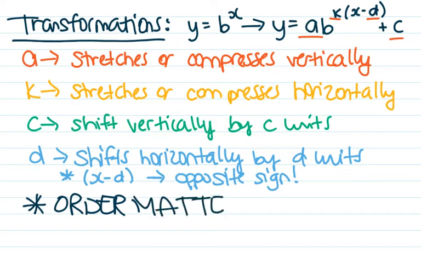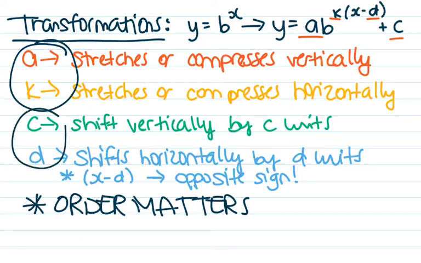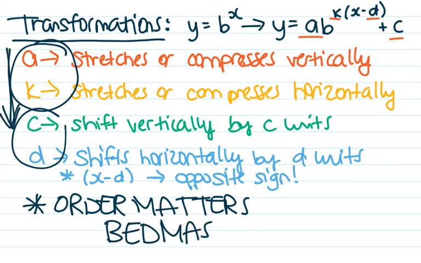You need to do the multiplication first, so the A and K first, and then the addition and subtraction, just like BEDMAS. So this is the order that we do them in. A, K, C, and D. A and K don't matter what order, they can be reversed, and C and D don't matter, but first A and K, and then C and D.